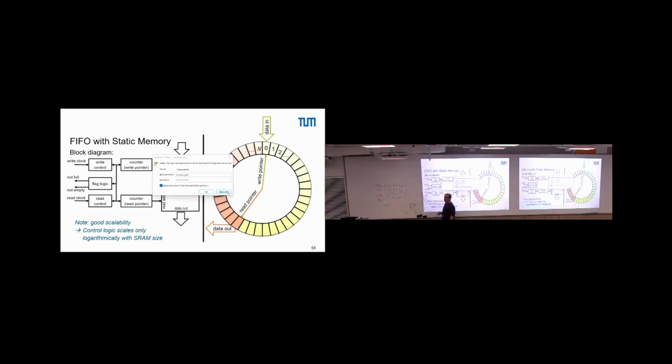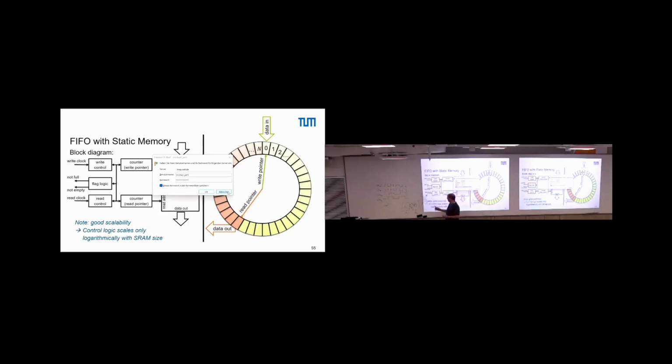It is not critical because this is synchronous. If you continue reading all your memory until it's empty, the empty signal is triggered by a read operation in the read domain. So this is an uncritical case because this empty signal is already synchronized.